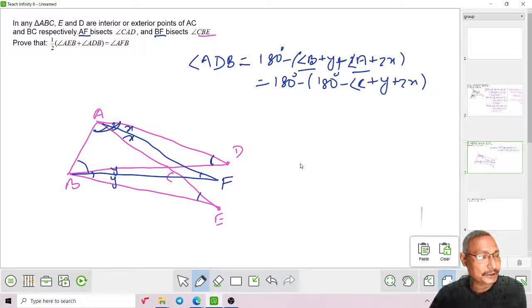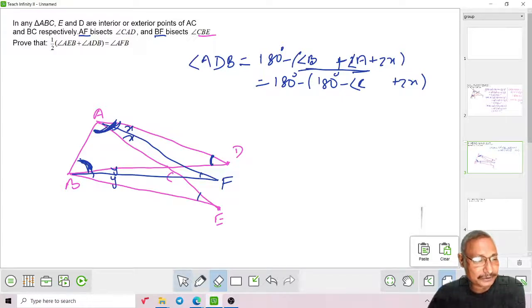Rather, I hope here we took only this angle, so we should not put Y here. Y is an extra part, we should not write this one. Simply in this triangle, if we want to know this angle, then we should take this angle, which is A plus 2X, and only this part, which is equal to B. So it will be equal to B plus A plus 2X, and now angle B plus A can be written as 180 degrees minus C. Y is a spare, it should not be there, so leave that one.